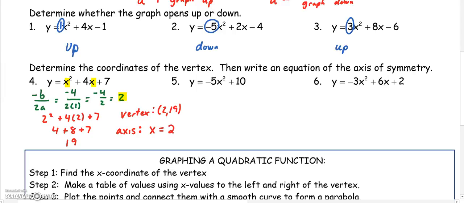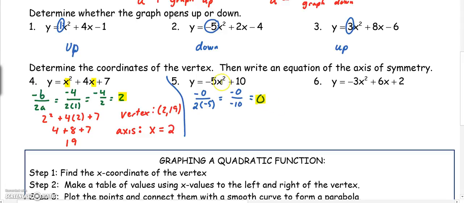Number 5, we need to find the vertex first. So I'm going to do negative b. In this case, there's no x value, which means that the b is 0. And then 2 times the a value, which is negative 5. So we have negative 0 over negative 10, which is 0. So my x-coordinate of my vertex is 0.